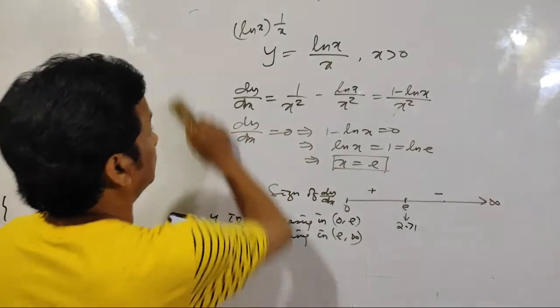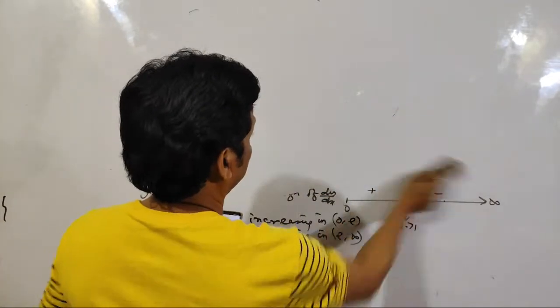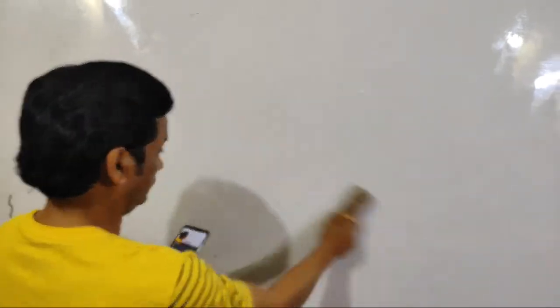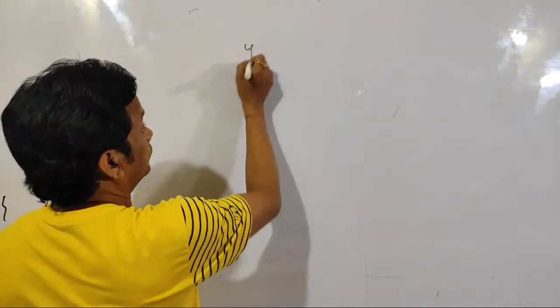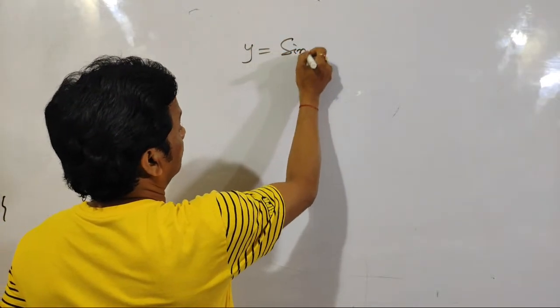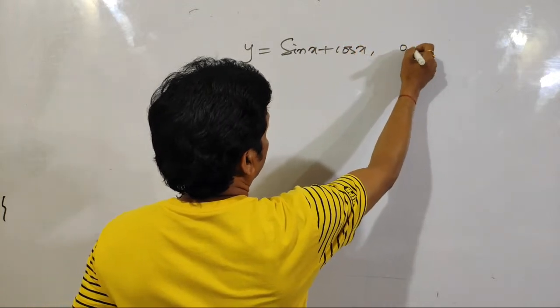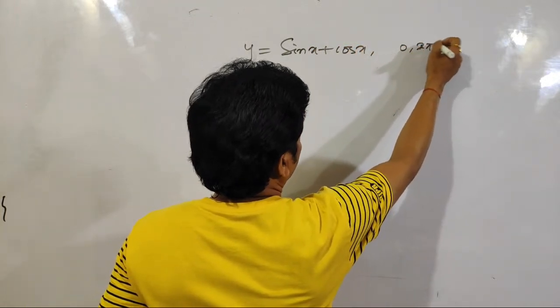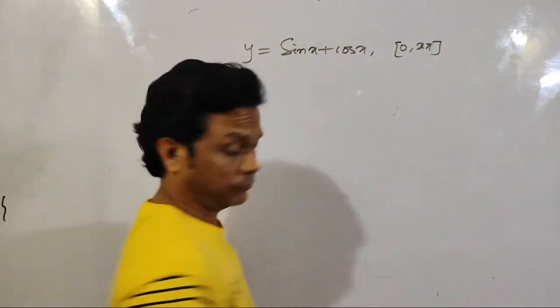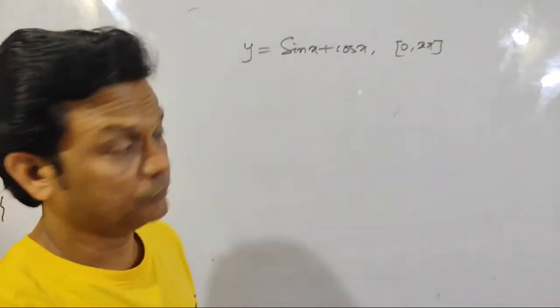Another question, see here. y is equal to sin x plus cos x in the interval 0 to 2 pi. Okay.